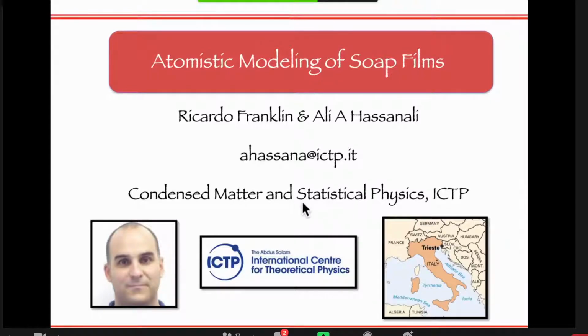I'm a staff scientist at the International Center for Theoretical Physics, based in Trieste, on the border of Italy and Slovenia. And I work in the condensed matter and statistical physics group. Essentially, our role in SoFiA has been to try to develop atomistic models of these soap films. And what I want to do in my talk is to share with you some of our efforts in this direction.